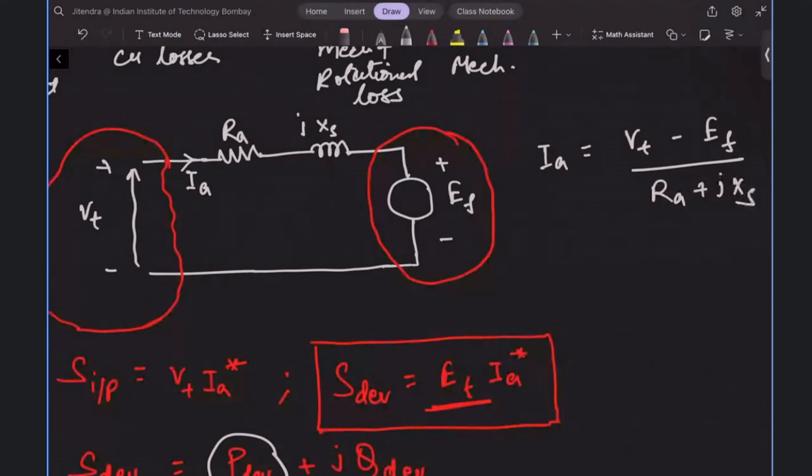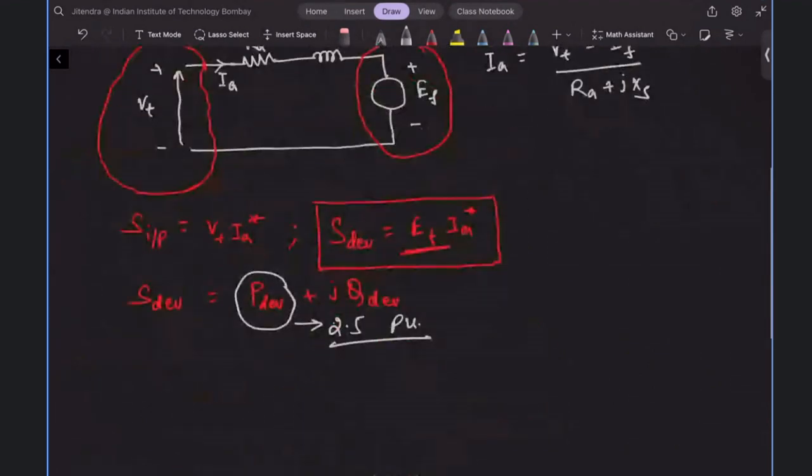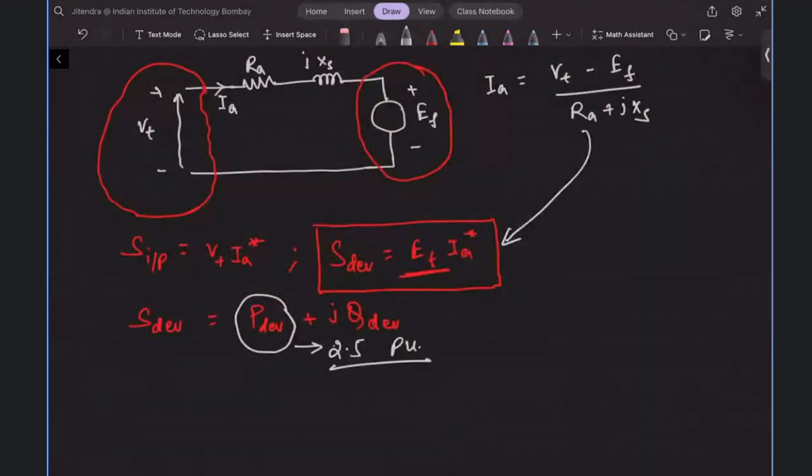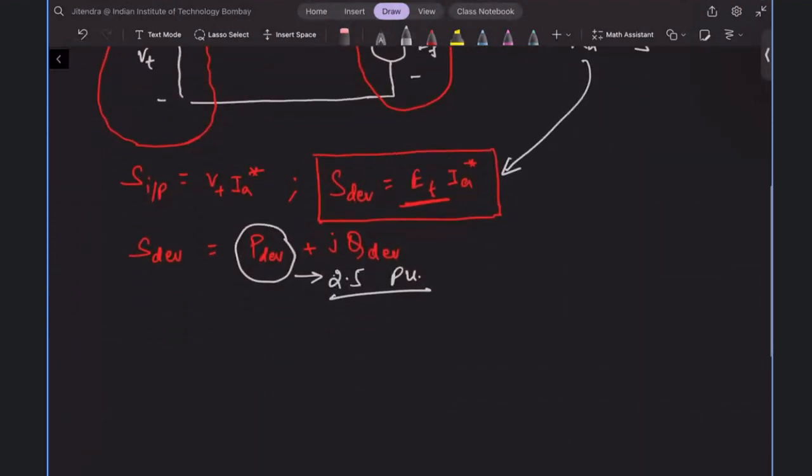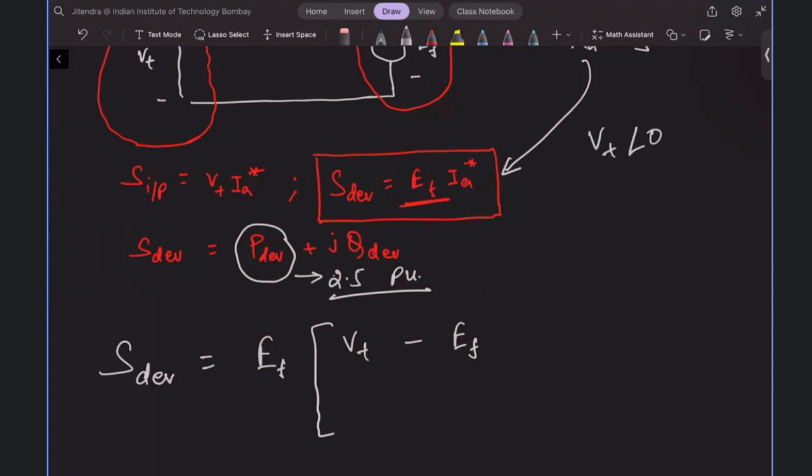Now, I just need to plug in these values here so that we will be able to find the S developed. EF is fine, right? Now IA is VT minus EF, but we also have to take care of delta, right? So if you are assuming VT as a reference phasor, VT at angle 0, then EF will lag by your load angle.